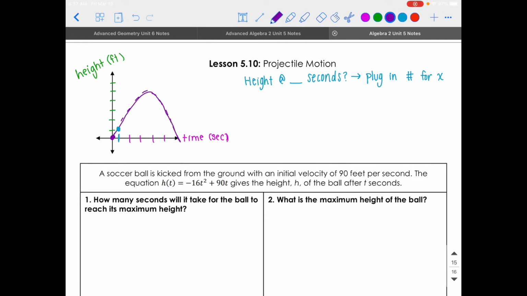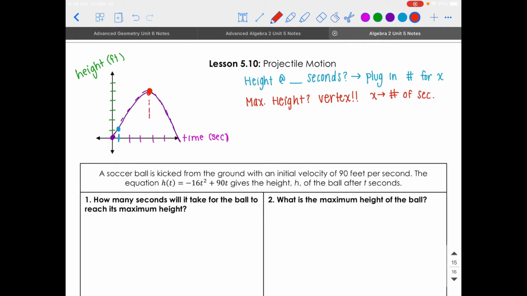Then it might say, what is the maximum height? Ooh, the maximum height. That is like, what is the highest the ball got? That is your vertex. And so the x value of your vertex, that's the number of seconds it took to get there.